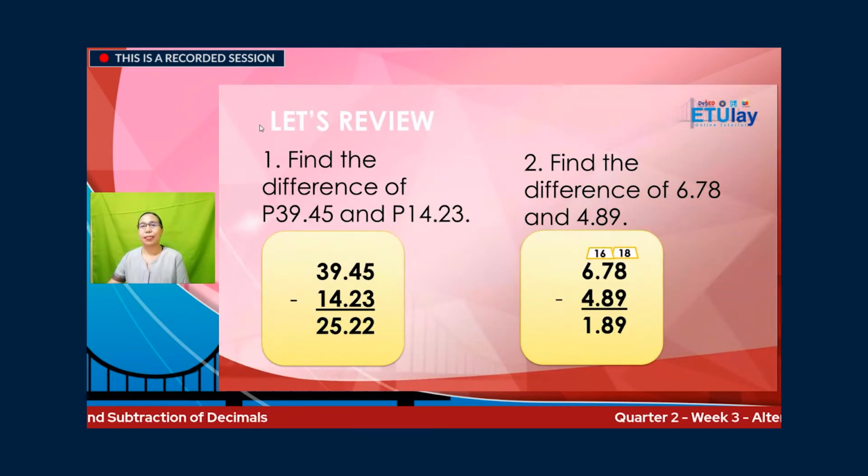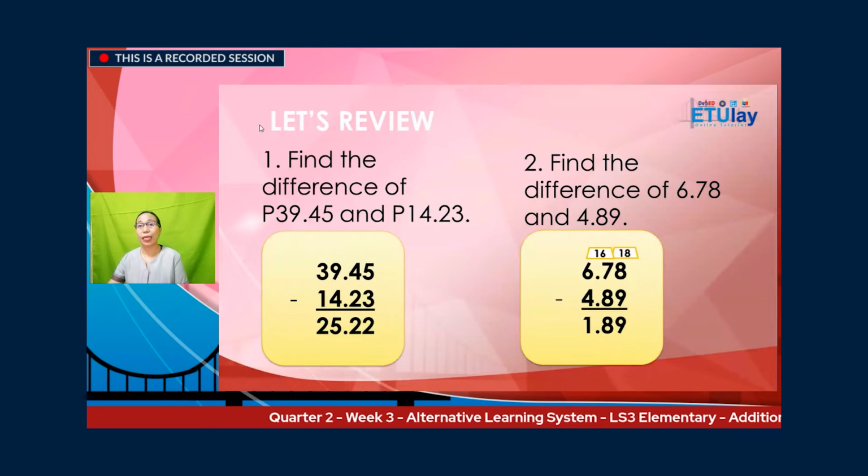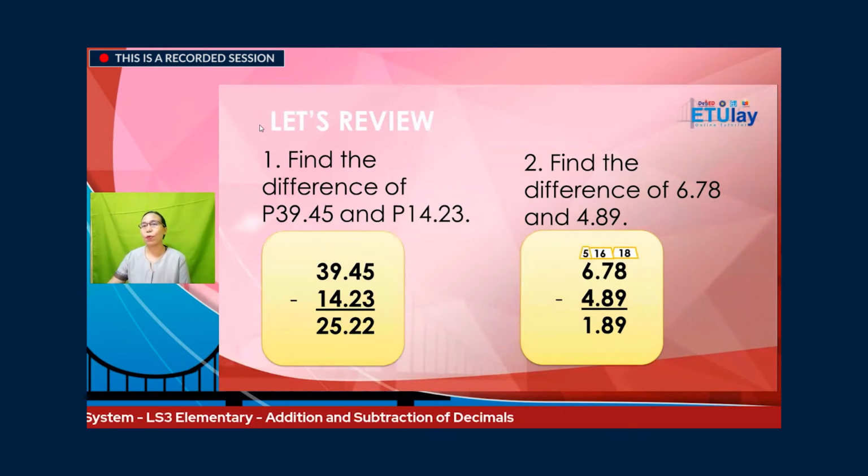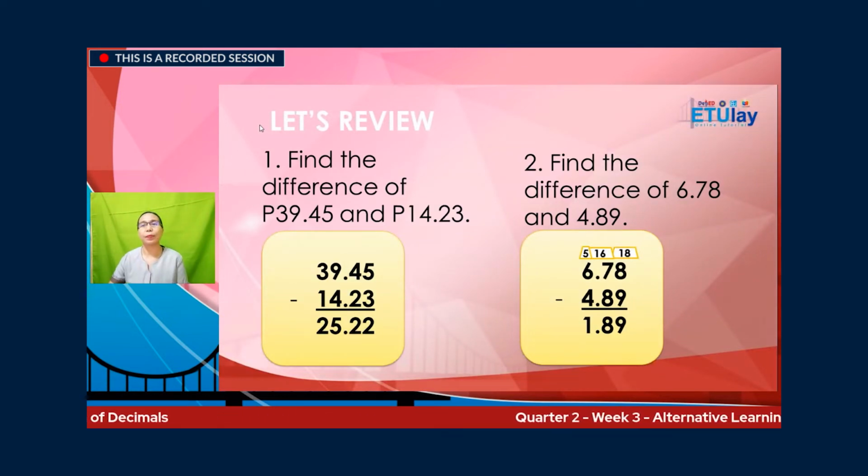And 7 is equal to 6. Minus 8 cannot be. We need to borrow 1 again from 6. So we got 16. Minus 8 is 8. And 6 is equal to 5. Then minus 4, we got 1. So we have 1.89.